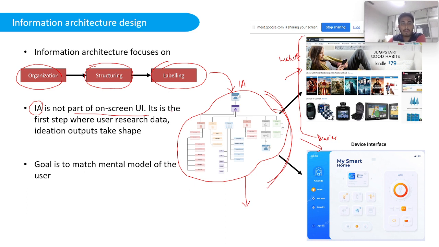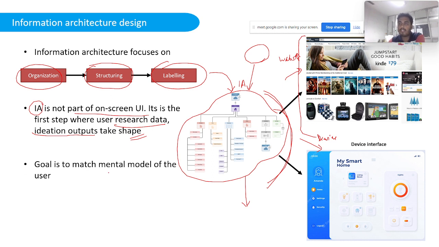Okay, however, it is the first step where we combine the user research and the ideation outputs to take shape. Okay, so basically this is the first step where the various ideations that we do after user study and benchmarking, we combine those ideas and information and try to give shape to our final solution. Okay, so this is what information architecture is.